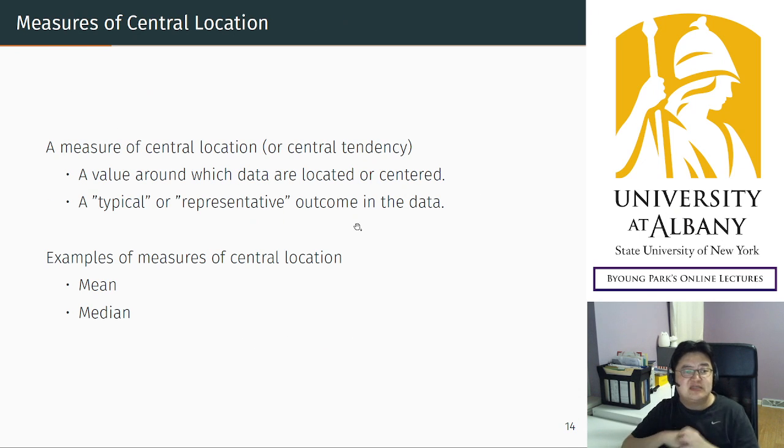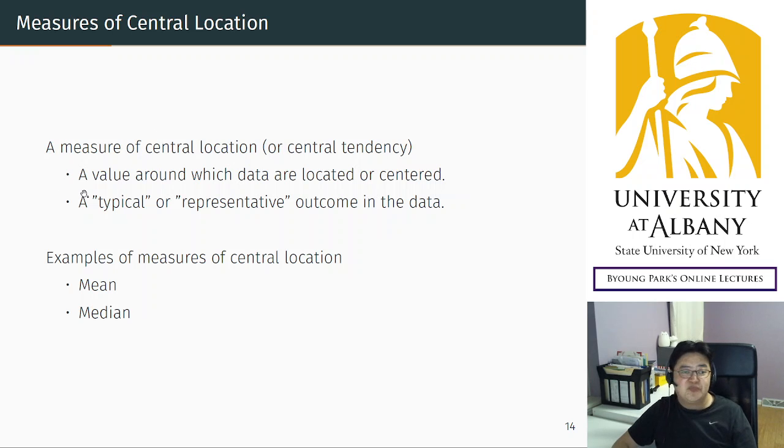The average is important because it is the most famous, most popular measure of central location. There may be other measures of central location or central tendency, but the average is the most widely used.